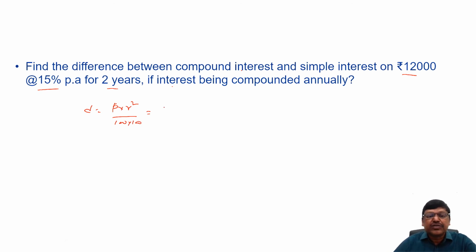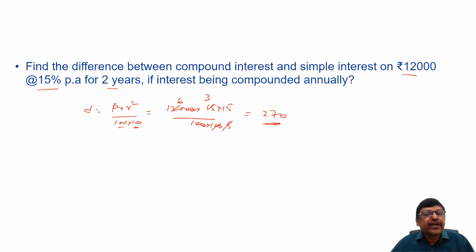Here P is 12,000 into 15 by 100 into 15 by 100, actually 15% into 15%. That's why we have two hundreds here. If you simplify, 2 zeros gone, 25 is 26 and 5 3s, 15 3s 45, 45 into 6 is 270. So our answer is 270.